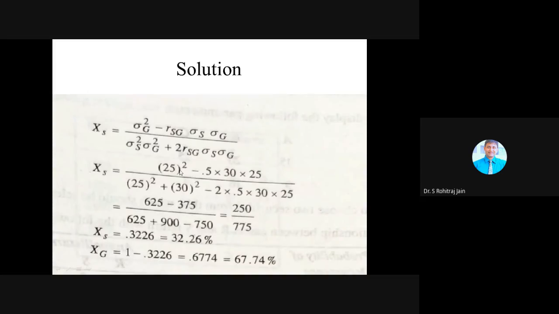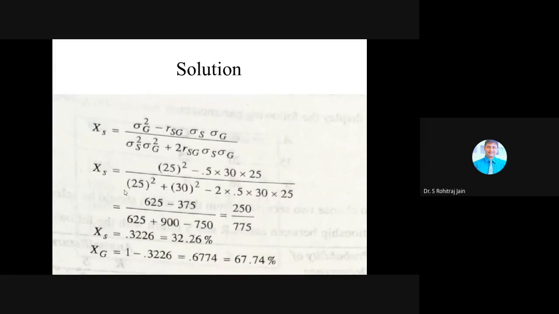So what I am doing here: 25 square minus correlation coefficient, 0.5, multiplied by 30 into 25, whole divided by 25 square plus 30 square minus 2 into 0.5 into 30 into 25.